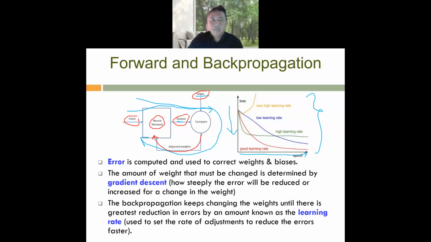But if you look at the yellow one, this is a very high learning rate, because you go down fast, but you also go up fast. That means the changes that you make are very big.